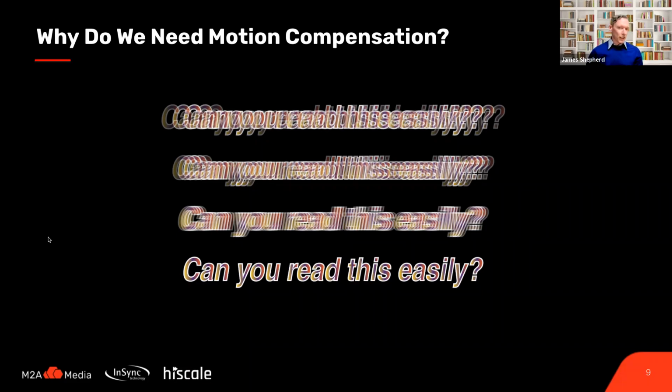So InSync Technology is extremely proud to bring the FrameFormer conversion technology to the market as the first high quality motion compensated standards conversion solution in software that can operate on generic CPU technology. And this is a fundamental enabler for deployment in virtualized and cloud environments.